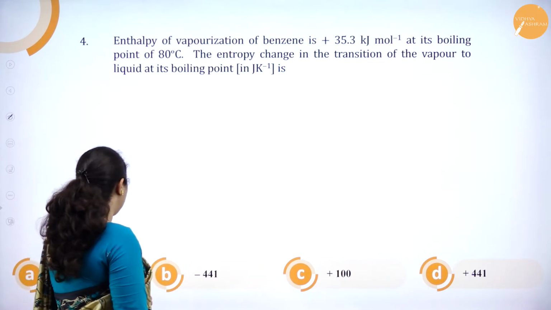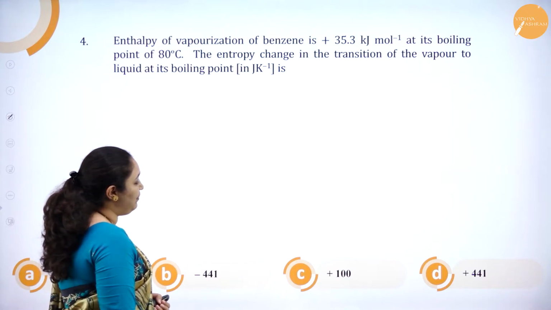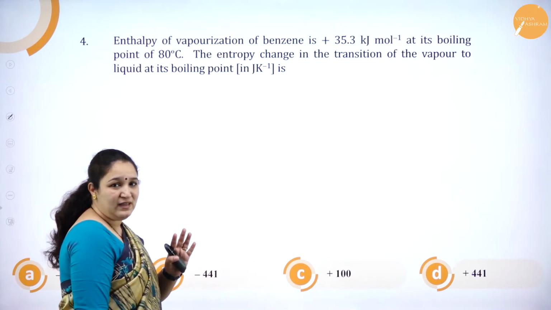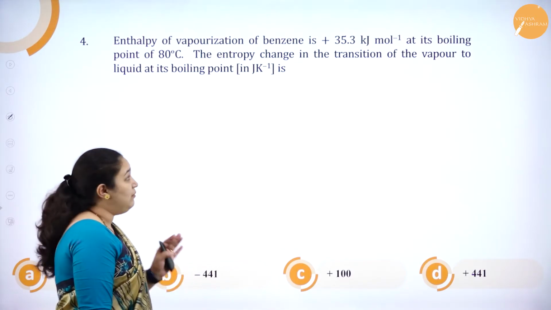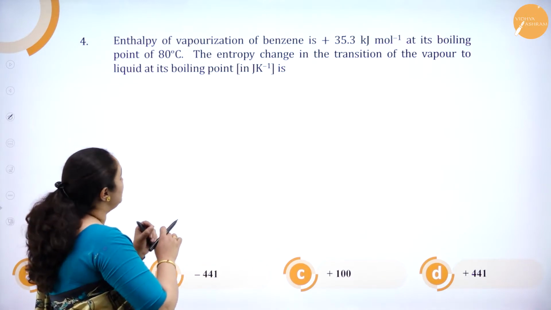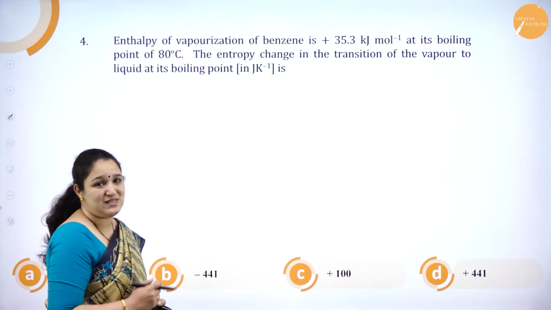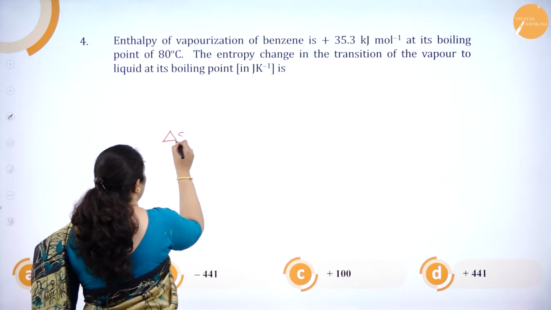Option A minus 100, Option B minus 441, Option C plus 100, Option D plus 441. So you will get the answer as plus or minus 100 or 441. But see, the transition is from vapor to the liquid state. What do we call it? Condensation. So delta S condensation.